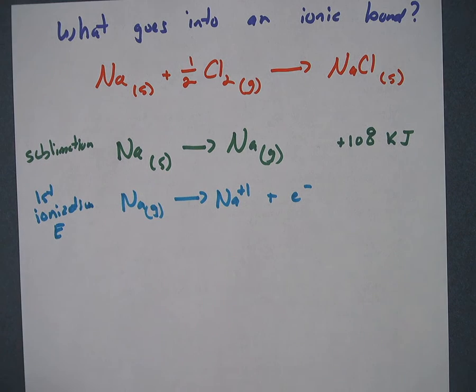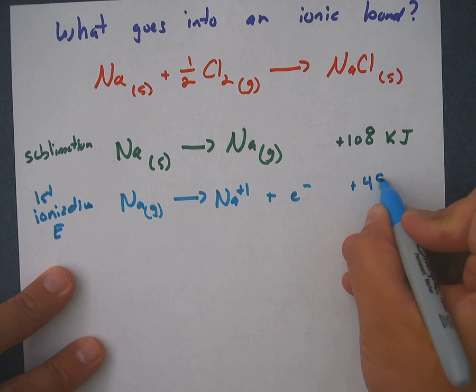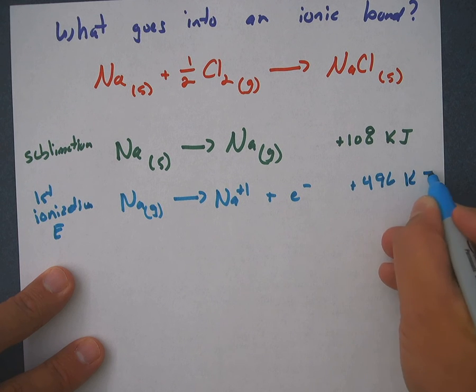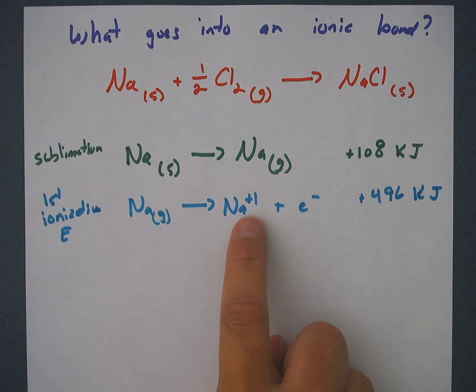I looked up the first ionization energy for sodium, and it requires 496 kilojoules for every mole. Now the sodium is ready to be used in the last step.